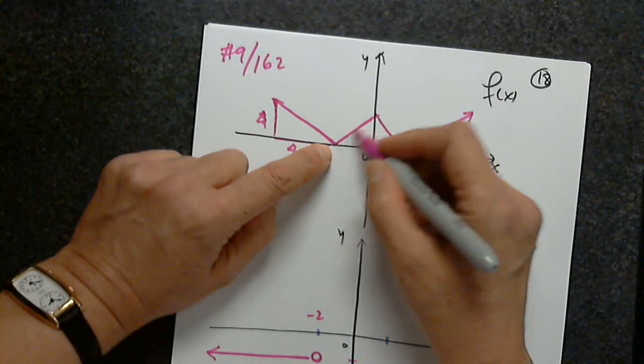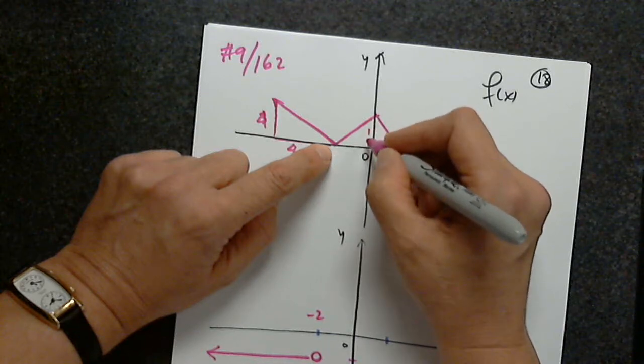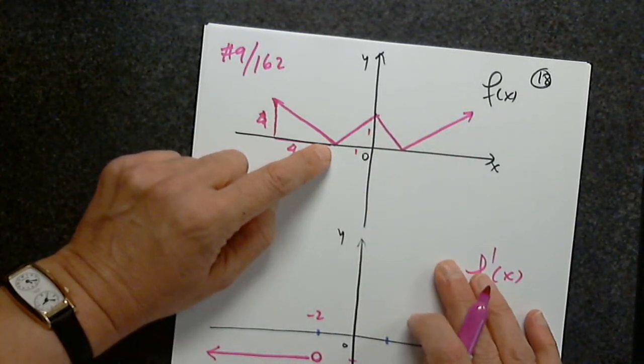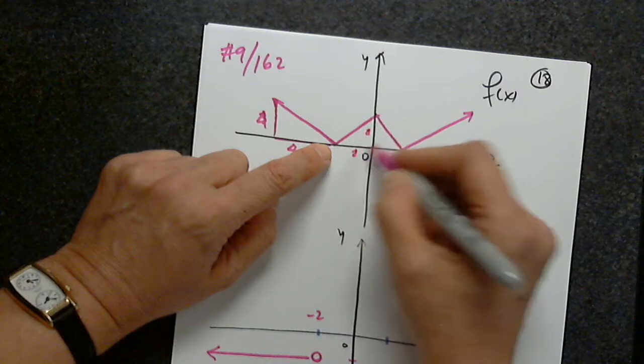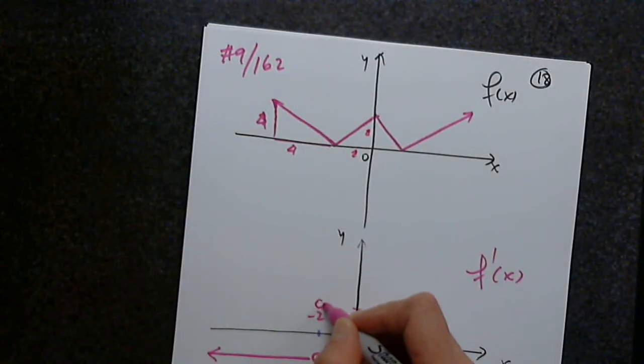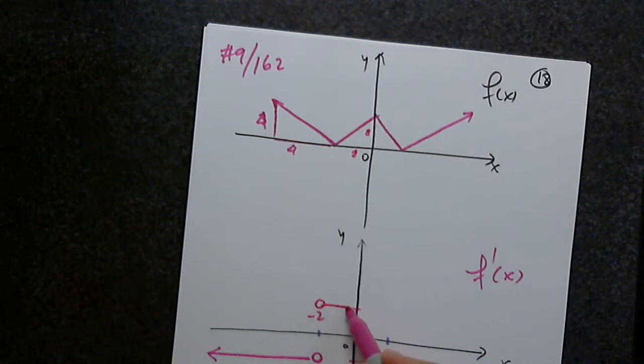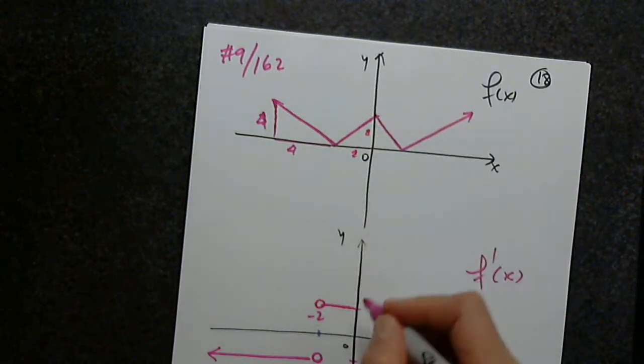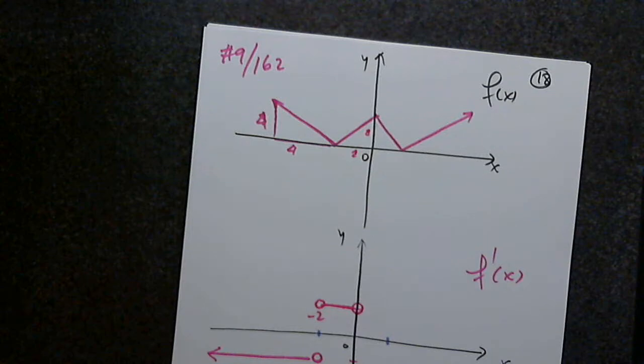Okay. So now I'm going to say that this is 1 and 1, or 2 and 2, it doesn't matter. Still the slope is 1. So this is the situation. At this point, the derivative does not exist because there is a corner in the function. The function is not differentiable at 0.